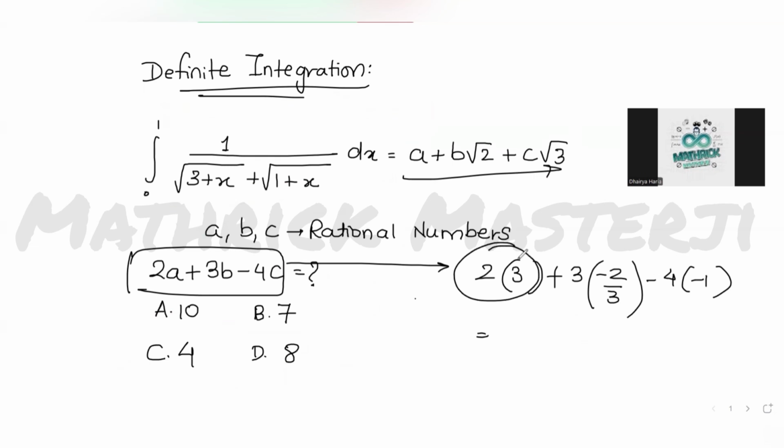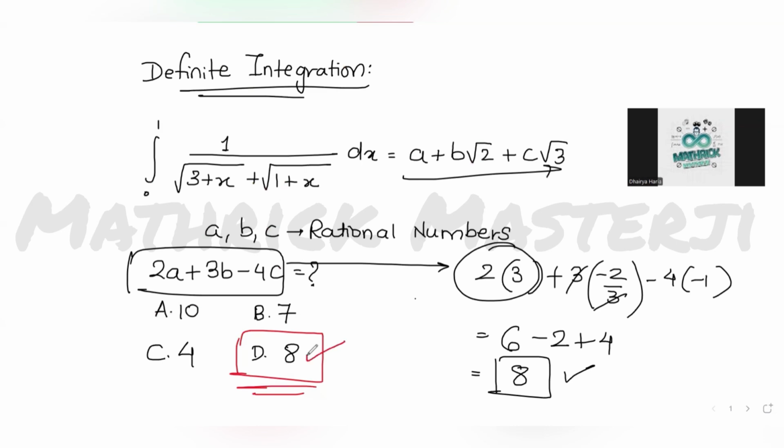So I get 2 times 3, which is 6. 3 and 3 cancel, minus 2 plus 4. So I get 4 plus 4, which is 8. And the correct answer choice in this question matches the answer that we got, it's option D. So D becomes the correct answer for this question.